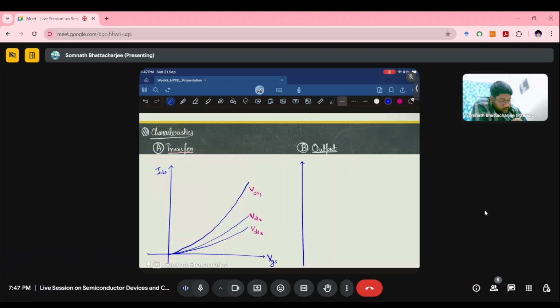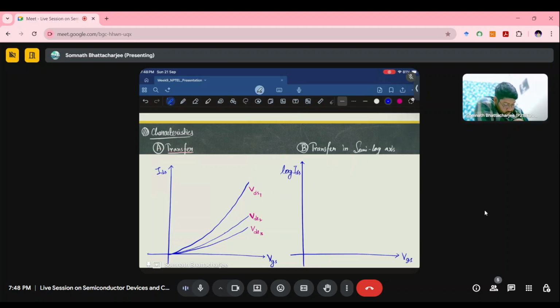Apart from output, what we can do is that we can also plot this transfer in semi-log axis. In this case, it will be VGS, but log of IDS.